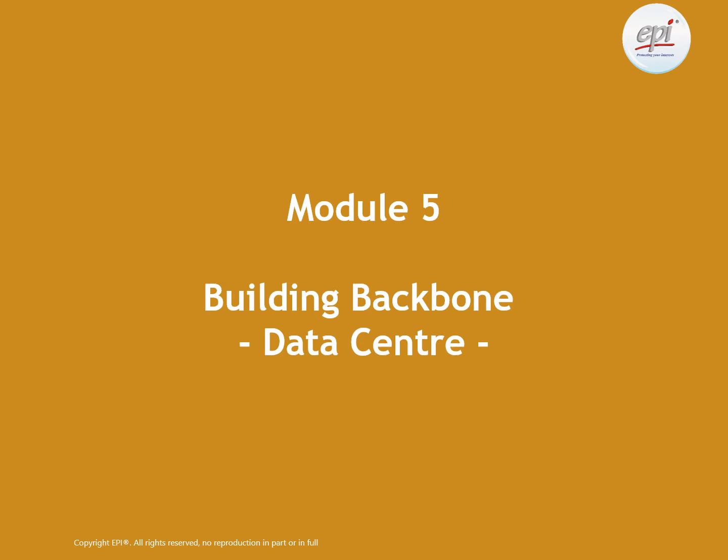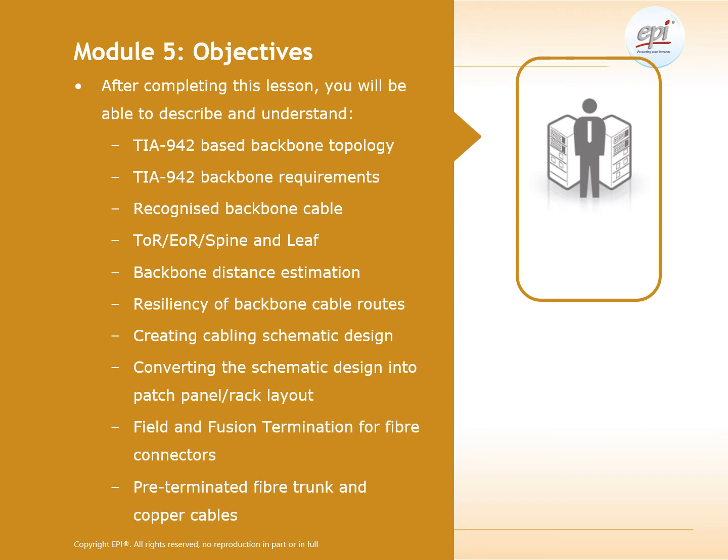Now we also do the same thing for the data center. So in the data center, we will go back to recap the 942 standard, which will define the topology, the requirements and recognized cable.